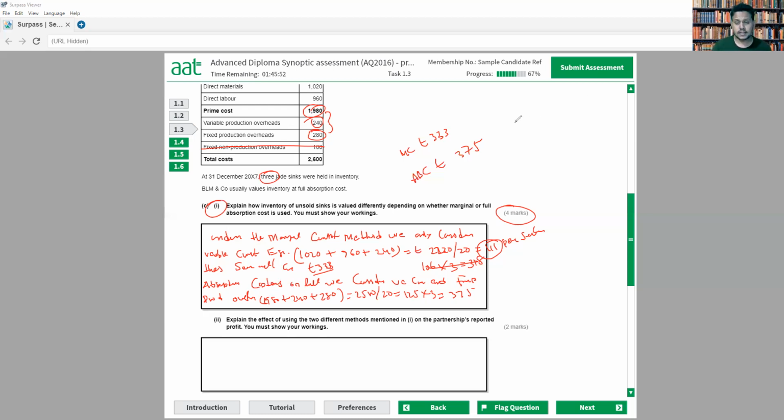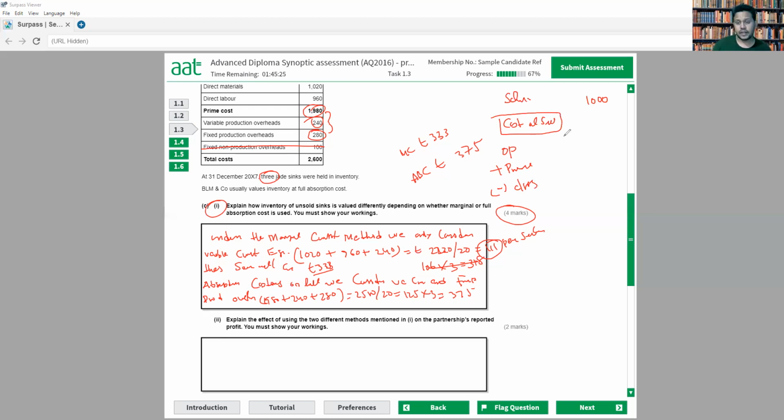So let's say, for example, we have a cost of sales. Let's say, for example, my sales is 1000. And from the sales, I'm going to minus my cost of sales. What is the formula for the cost of sales? Opening inventory plus purchase less closing inventory, isn't it?